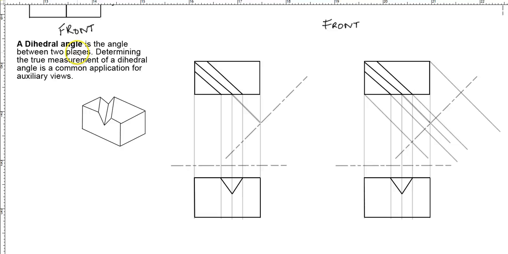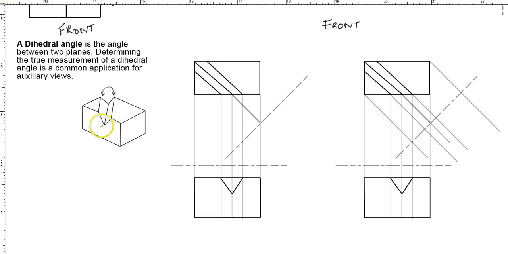Now first thing we need to understand, what is dihedral angle? A dihedral angle is the angle between two planes. So if you look at this block over here, you have one plane and you have the second plane. So there is an angle between these two planes. There is that angle, and we need to determine what that angle is.